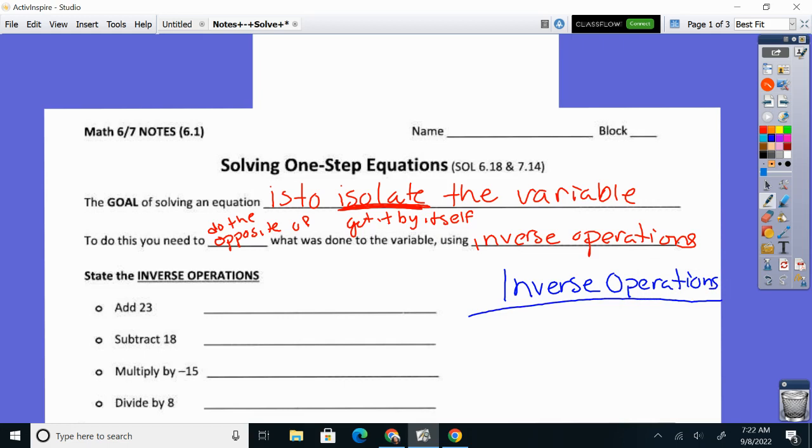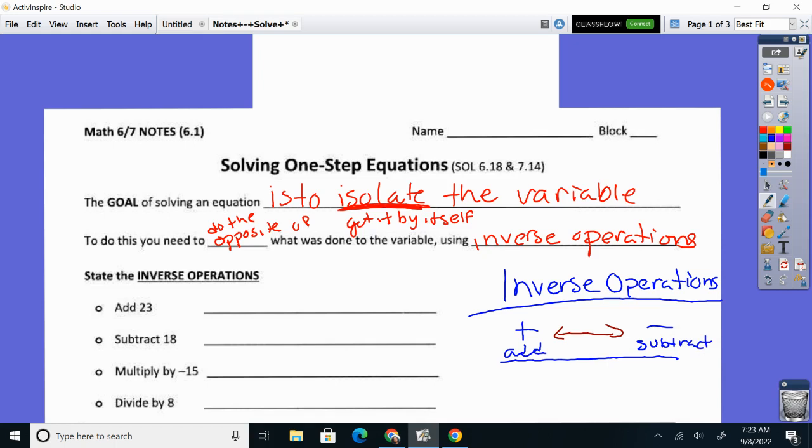All right, so for inverse operations, we have adding. And so the inverse of adding would be subtracting, okay? So if the constant is adding to the variable, you will subtract it.